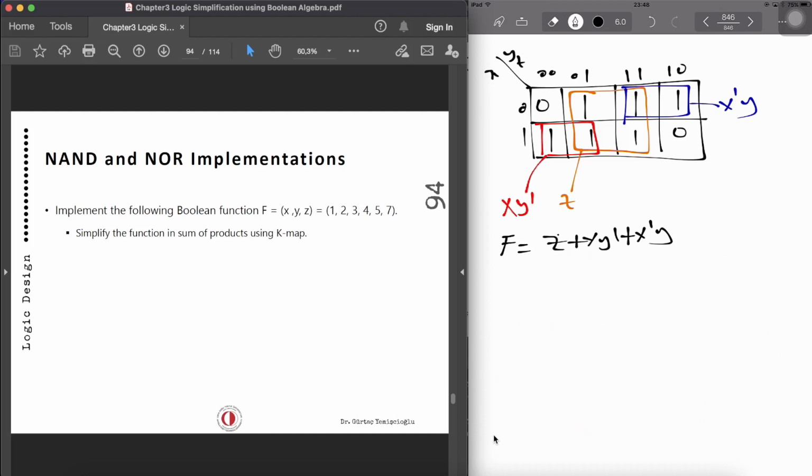I can implement this circuitry using logic symbols. If I just use AND functions, this is x, y prime, this is x prime, y, and they are all ORed together with z, and this will be f. So this is a typical sum of product.